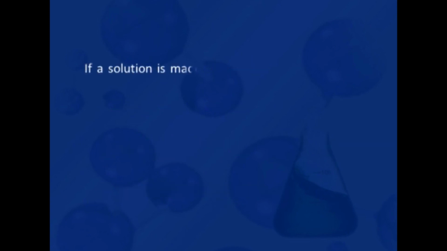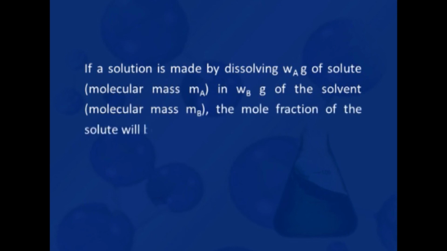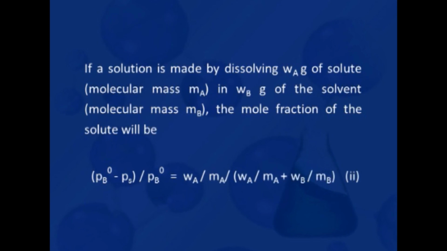If a solution is made by dissolving WA grams of the solute in WB grams of the solvent, with MA the molecular mass of the solute and MB the molecular mass of the solvent, then the number of moles of solute will be equal to WA upon MA and the number of moles of the solvent will be equal to WB upon MB.